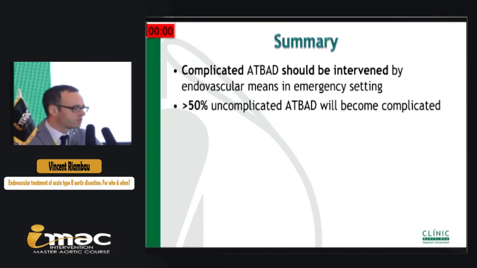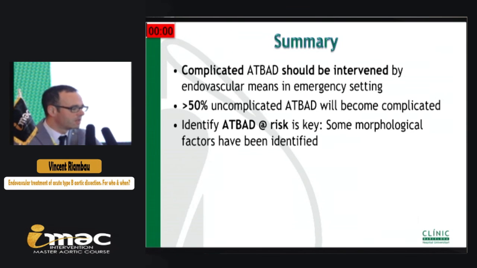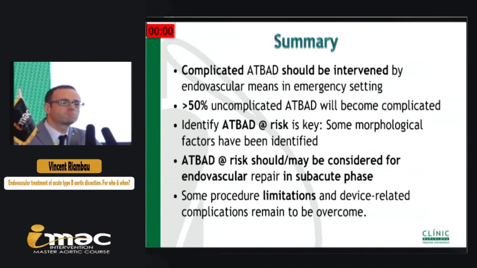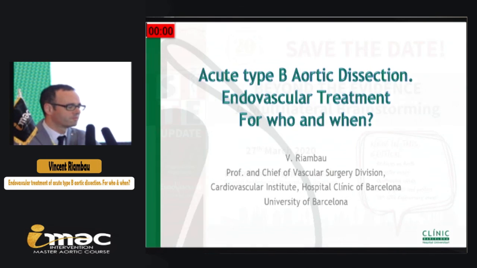More than 50% of uncomplicated type B dissections will become complicated in time. The key is to identify these patients with some morphological and even some flow dynamics or biomarkers, and treat them in the subacute phase. But these procedures can produce some complications themselves, so be careful with them. Thank you very much.